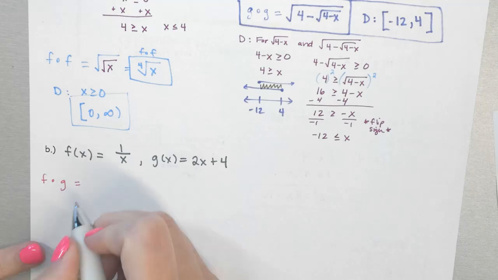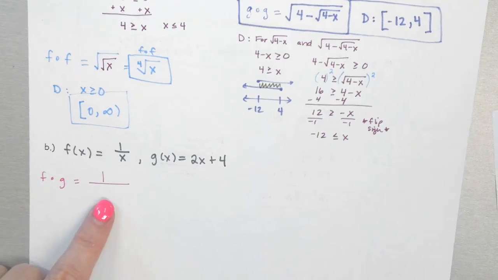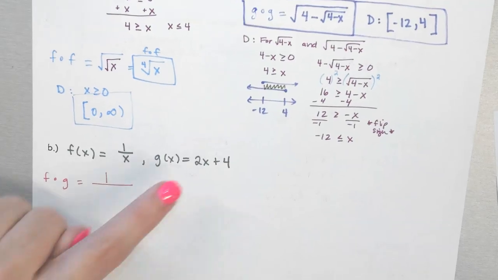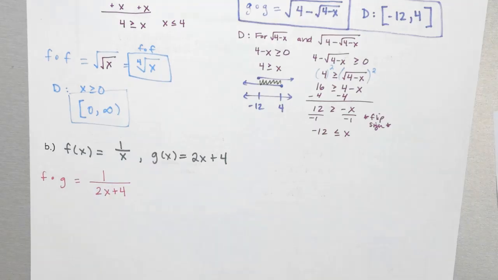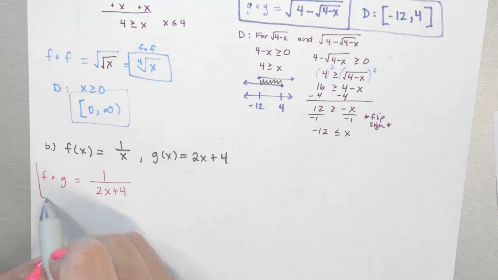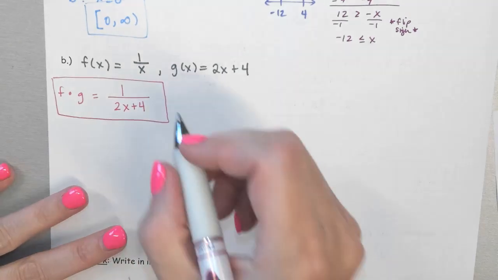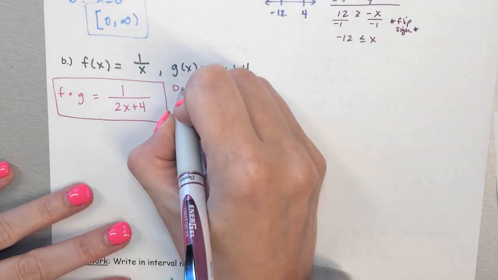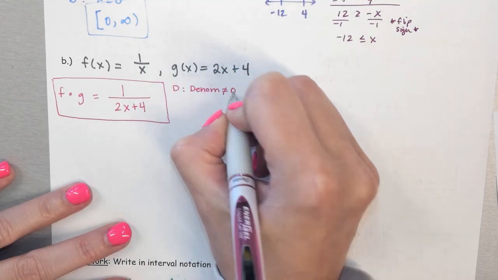All right, let's make sure we did this right. So f is on the outside, so it's 1 over x, but instead of x, I'm plugging in g of x, which is 2x plus 4. Nothing to simplify there. Okay, so this is going to be your expression. And then we know with the domain, besides even roots, if there's a fraction, we know there's going to be a restriction because the denominator cannot be 0.